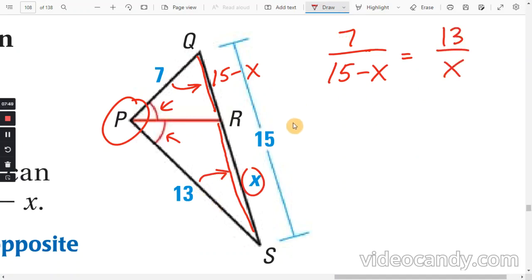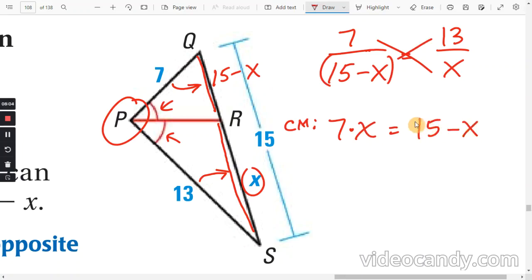All right, cross multiply. 7 times X is going to equal, you need parentheses here, 15 minus X times 13. Okay, 7X.